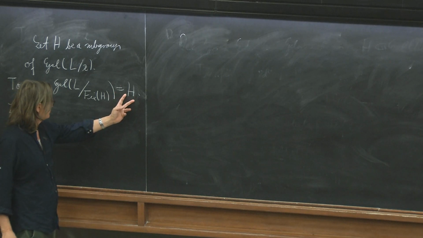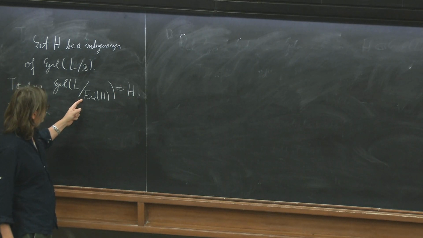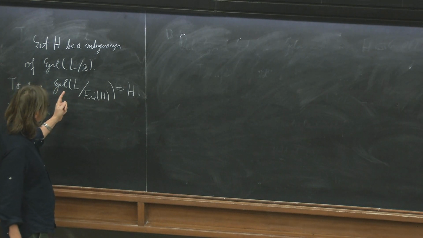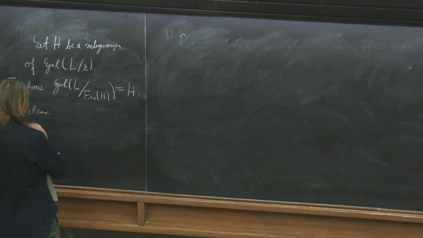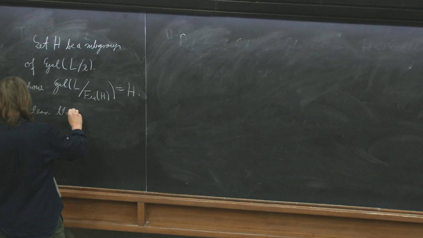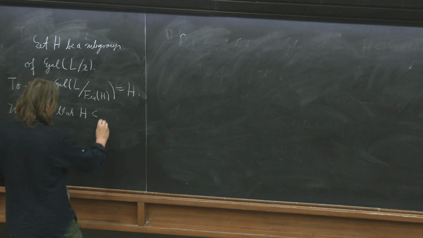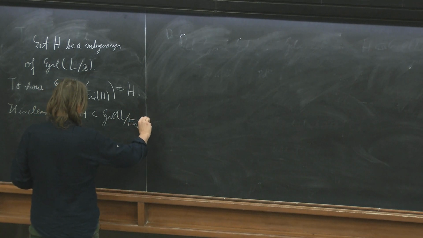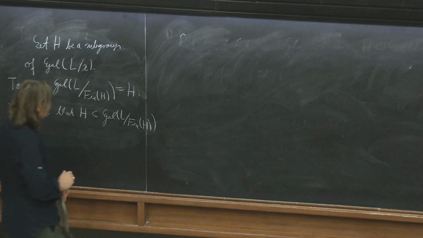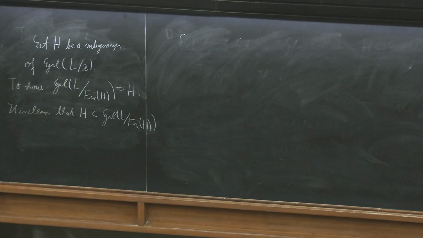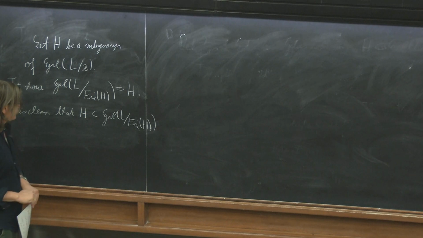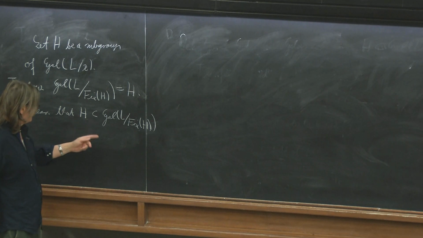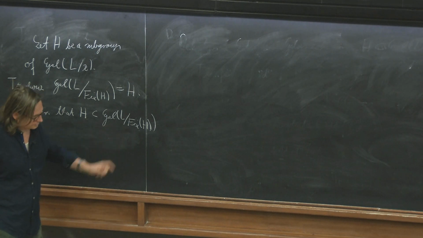Every element in H, by definition, is the identity on the fixed field of H. So that means every element of H lies in the Galois group of L over the fixed field of H. Thus, it is clear that H is contained in the Galois group of L over the fixed field of H. So we only have to prove the other inclusion. And in fact, instead of that, we will just prove that H has as many elements as this group. And so they must be equal.